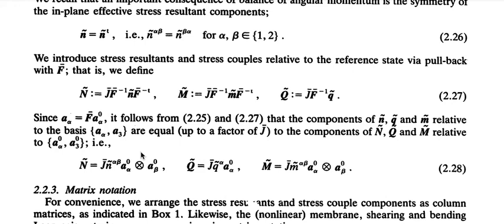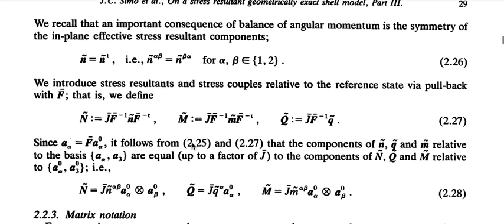So the force is belonging to the current configuration, we have not changed the force vector, only its representation is changed, and the symbol is now capitalized. So as you can see in this part 3, it is mentioned in a little more detail.